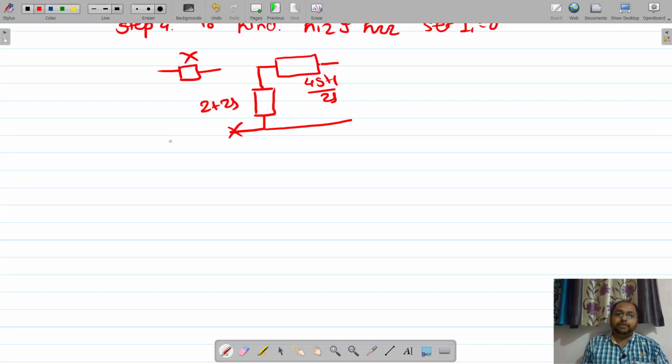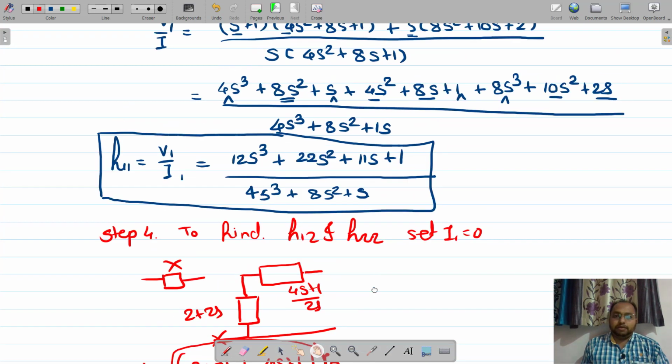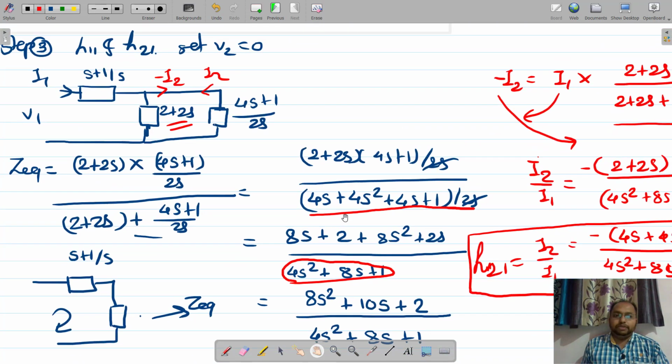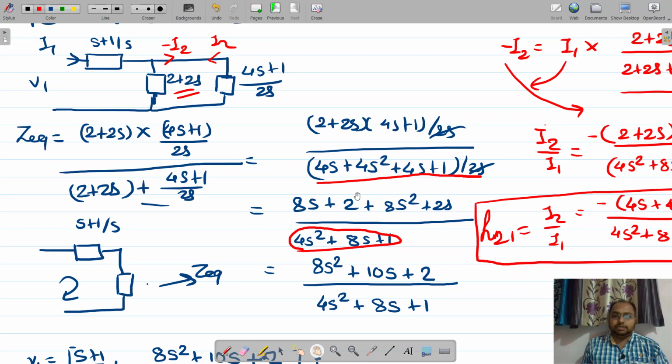V2 is equal to (2 plus 2s plus 4s plus 1 divided by twice s) multiplied with I2. I think you already calculated this one while calculating your Z equivalent. Yes, it is.